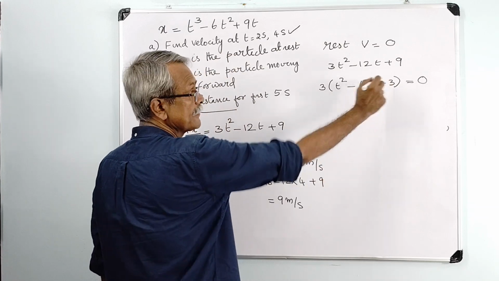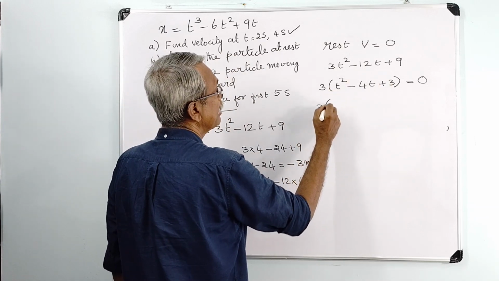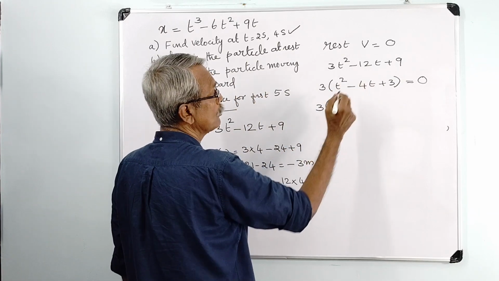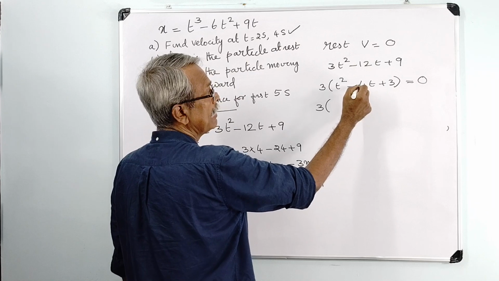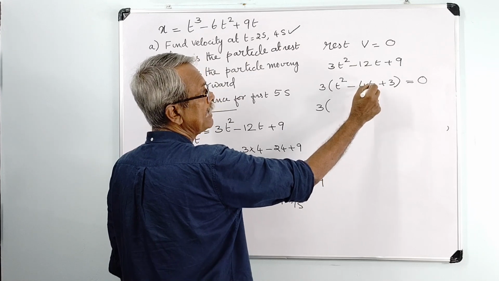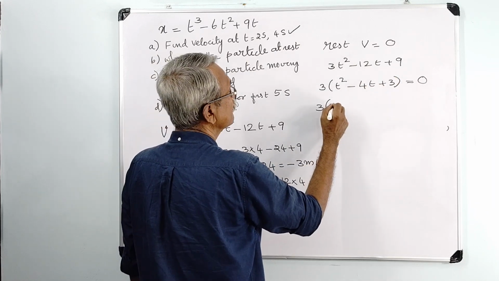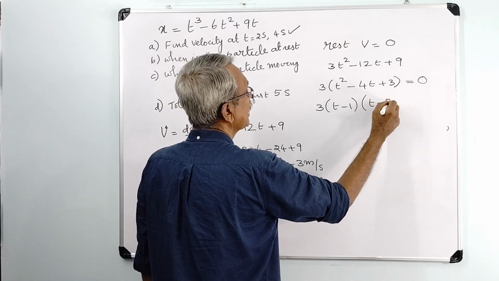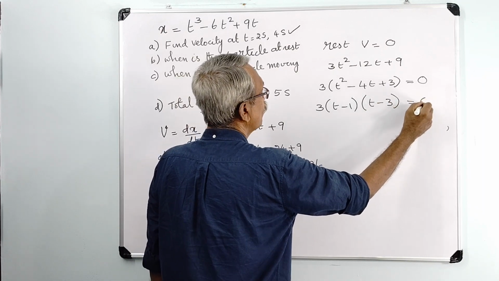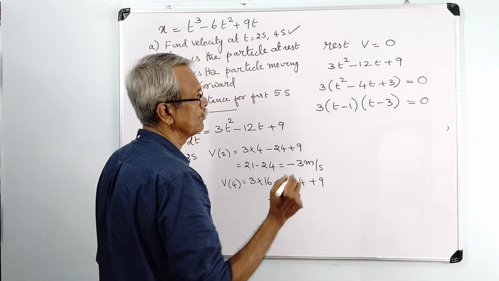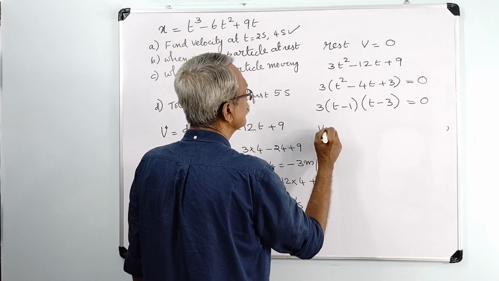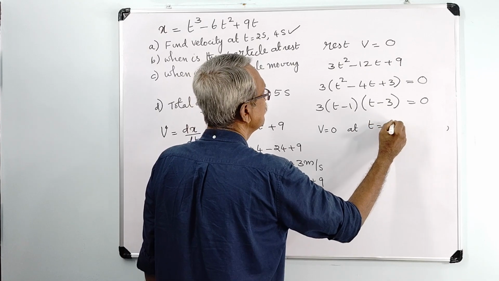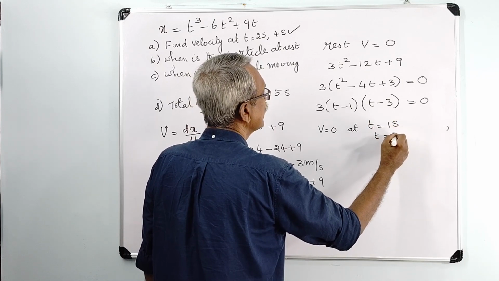We can factorize this. 3 multiplied by that, I am doing for the next part. t² minus 4t. This 4 can be written as minus 1 minus 3, whose product is 3. Therefore, this is (t minus 1) multiplied by (t minus 3), equal to 0. This is equal to 0 at t = 1 second and t = 3 seconds.